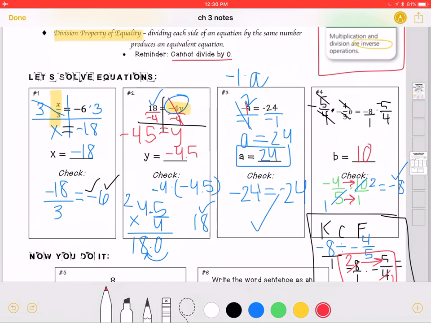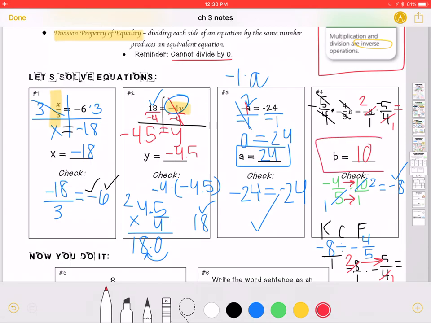So now what you would do is you would just multiply across and get your answer. Or again, a lot of us like to cross simplify. 2 times 5 gives me 10 over 1, which equals 10. Negative times a negative gives me a positive. I still get the same solution no matter which way you do it.